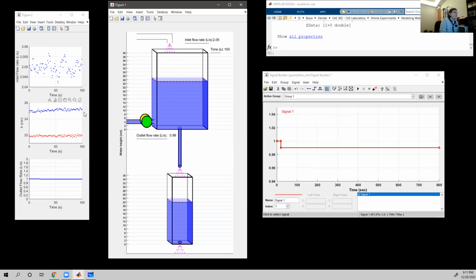Due to the inherent noise of the process, changing by 0.01 liters per second, to 0.99, seems to be too small. A very small change in the manipulated variable yields a response that is clouded by the noise of the system, so that you cannot really clearly see the real signal here.